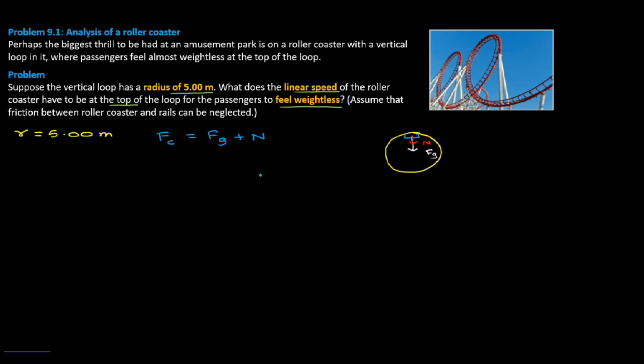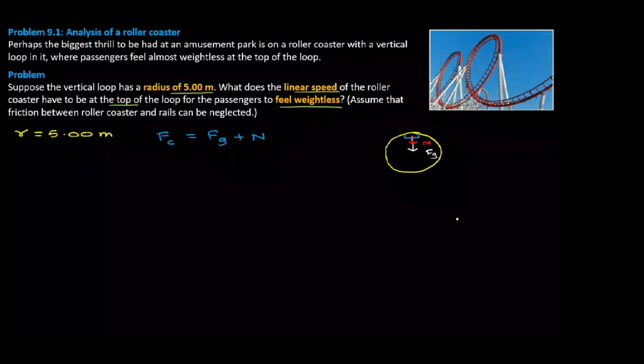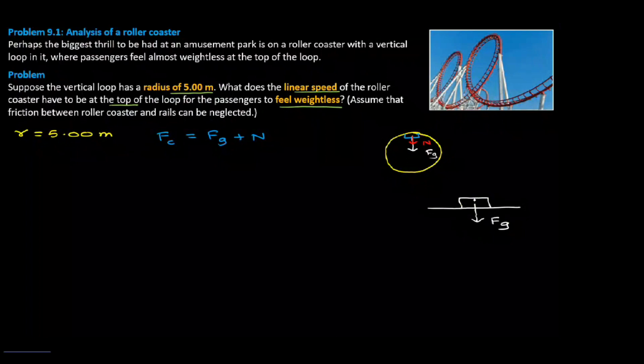force. Now let's discuss what weightlessness is. Weight of an object is the force due to gravity acting on an object. And you can only feel this weight if there is a reaction force acting on you. So if you're lying on a surface, or standing on a surface, the surface exerts a normal reaction force on you.